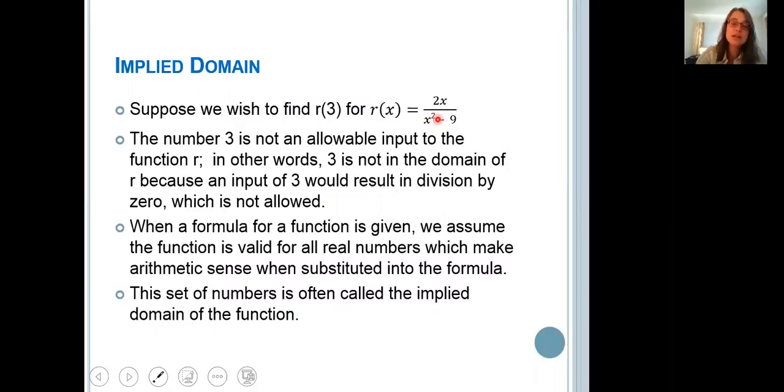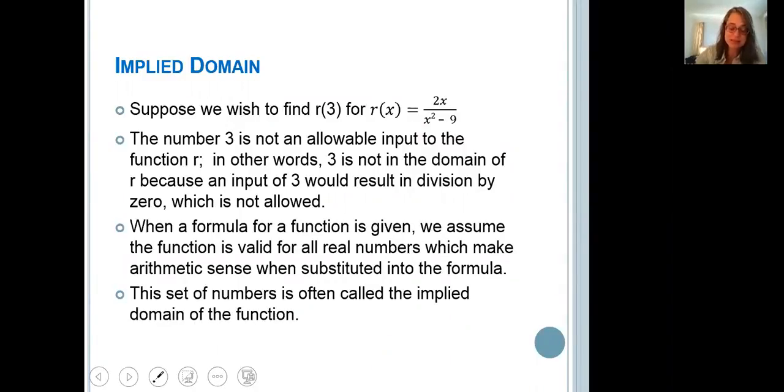If I put in 3, what am I going to get down here in this denominator? 3 squared is 9, minus 9 is 0. Can I divide by 0? No, that's not allowed in this universe, right? So, we know we cannot feed 3 into our factory. It breaks things. It tries to do stuff that's not allowed. That means my domain is all real numbers except for 3.